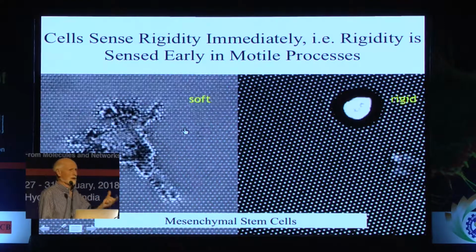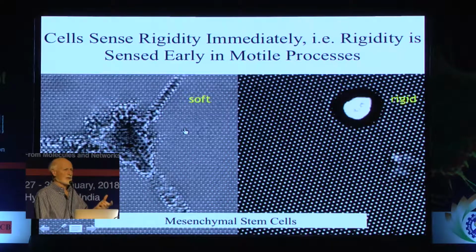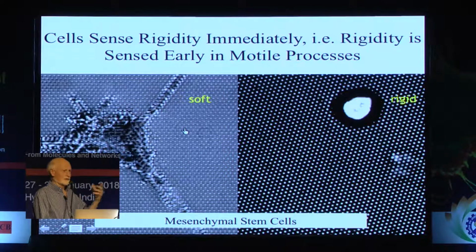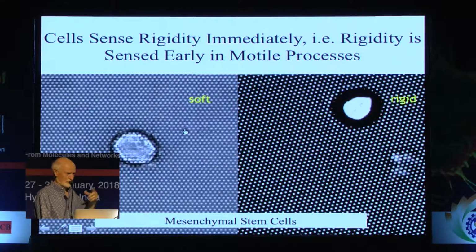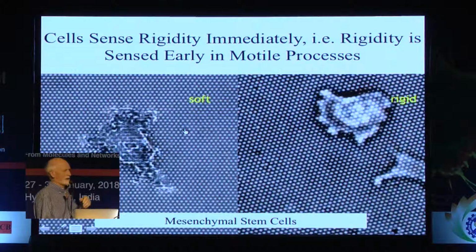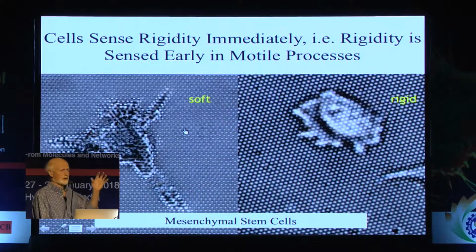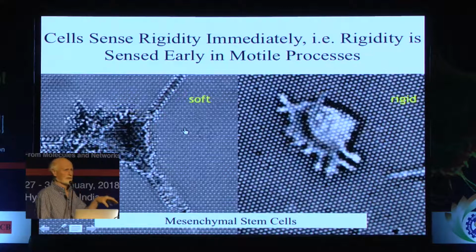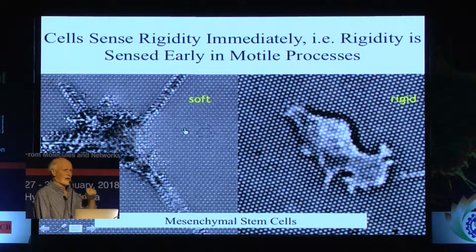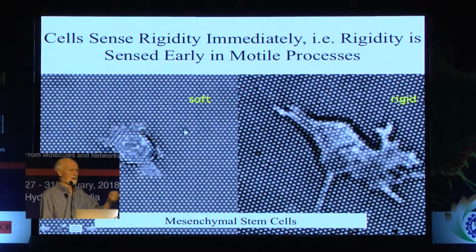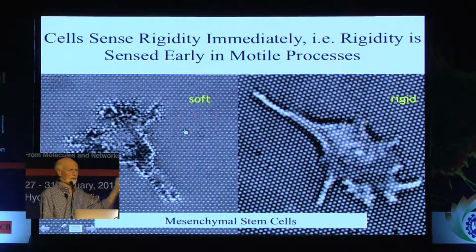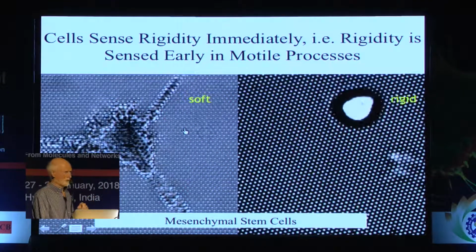This is a critical element in terms of differentiation, so the studies from Discher's lab have shown that indeed taking mesenchymal stem cells and putting them on soft or rigid surfaces will drive the cells down a pathway of differentiation toward neurons if they're soft and bone if they're rigid.